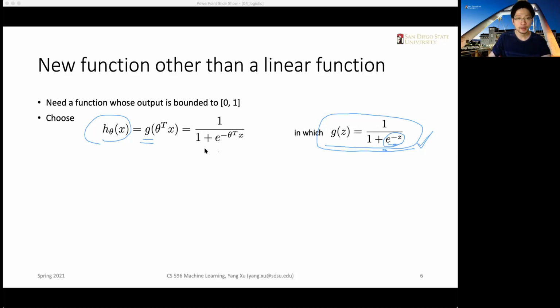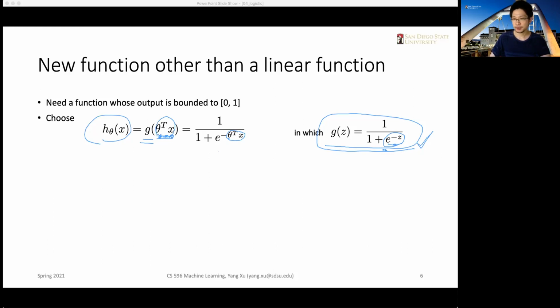And this theta transpose times x is just a linear combination, the same linear combination directly used in linear regression. We use a bunch of parameters theta and compute the dot product between the parameters and the feature vector x.